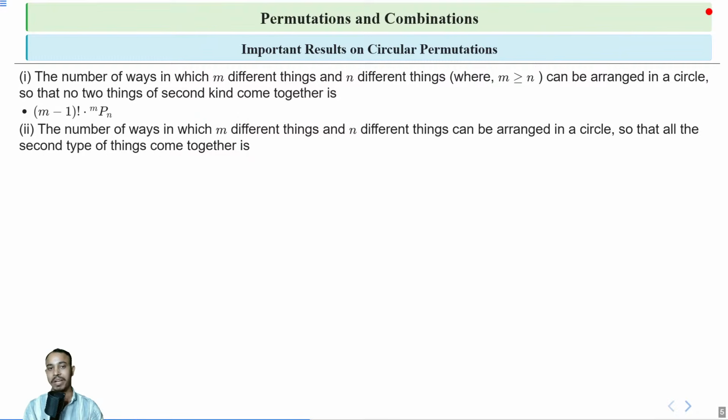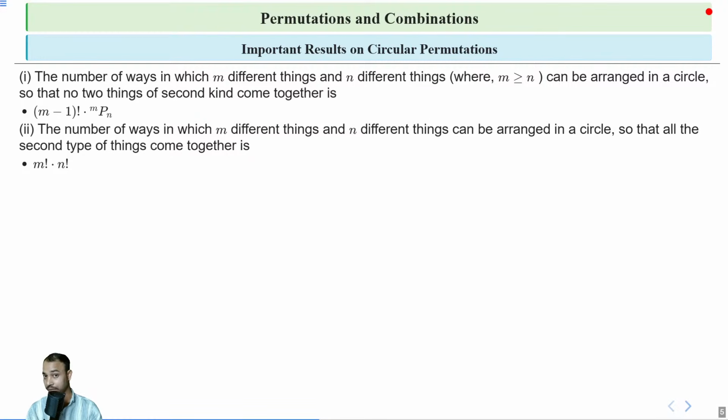We have to find the number of ways in which they can be arranged in a circle so that all the second type of things come together, which is m factorial times n factorial.